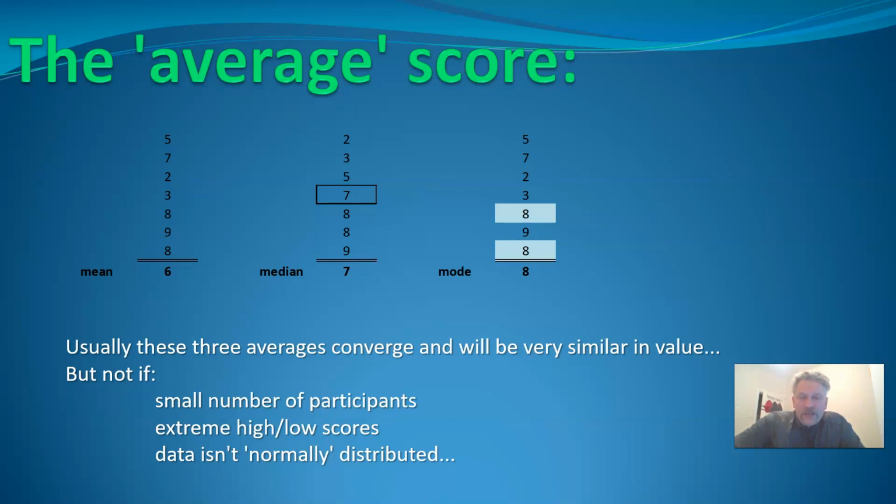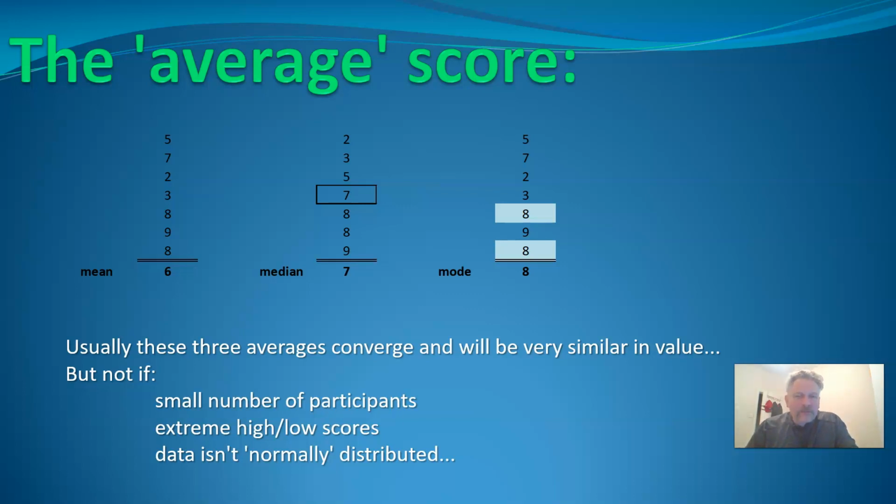This is what's known as a normal distribution, and we'll talk more about this next week when we get to plot out data. But sometimes if your data isn't normally distributed, then your mean, median and mode can begin to separate and spread out. So again, it's one of the things we'll pick up on next week when we visualize our data, and how you might be able to spot that.